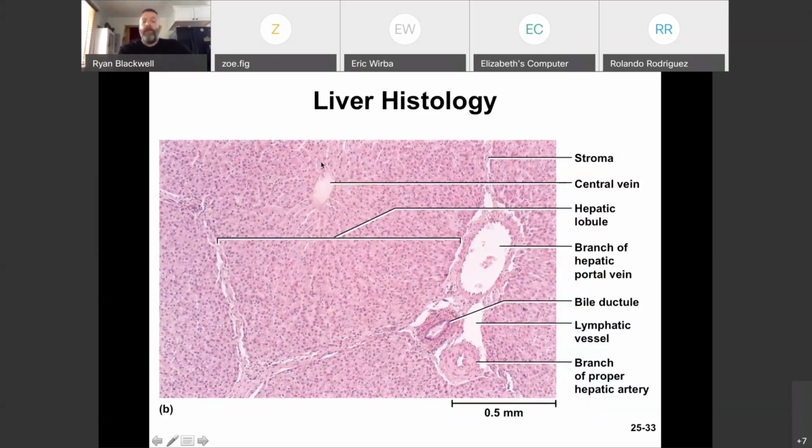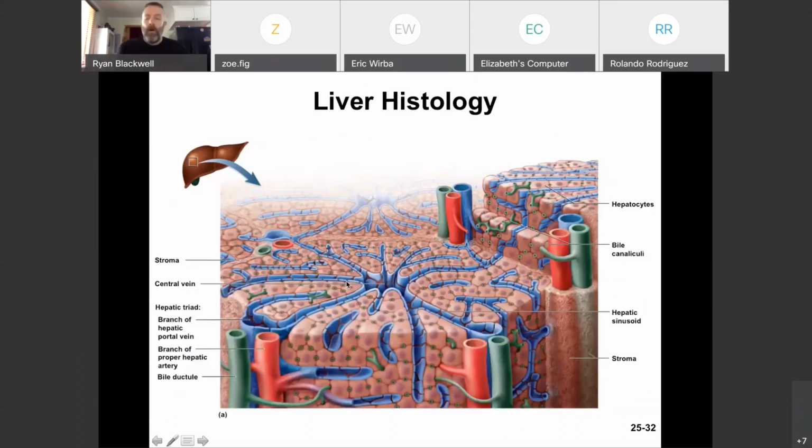Functionally speaking, we know that our livers are associated with the breakdown of hormones, right? Some hormones have really short half-lives. Also foreign substances, drugs, for example aspirin, penicillin, acetaminophen, right?